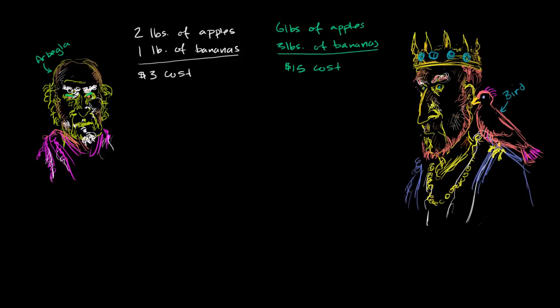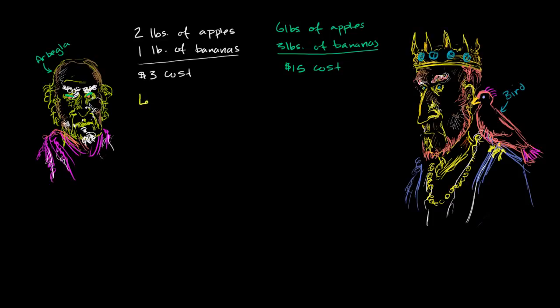So you look at the bird, the bird looks at you, the bird whispers into the king's ear, and the king says, well, the bird says, just start defining some variables here so we can express this thing algebraically. So you go about doing that. What we want to figure out is the cost of apples and the cost of bananas per pound. So we set some variables.